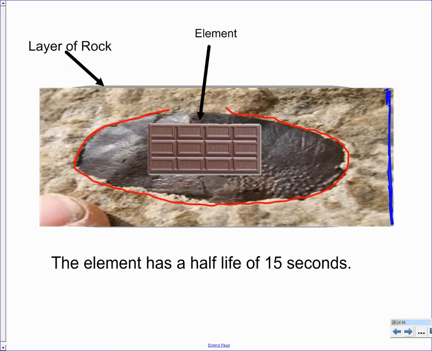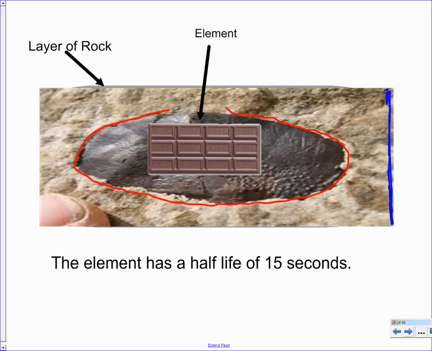Within the fossil, you have an element, and the element is the chocolate, okay? Let's say scientists saw this element and they determined that this element has a half-life of 15 seconds. Now this is actually going back in time, and we're looking within the rock layer and viewing what's happening in the past. No one can see that. Actually, what they see is what's left, but we're looking at it as if it has all of the elements there, okay? This organism just died.